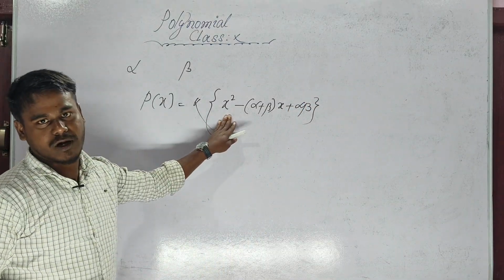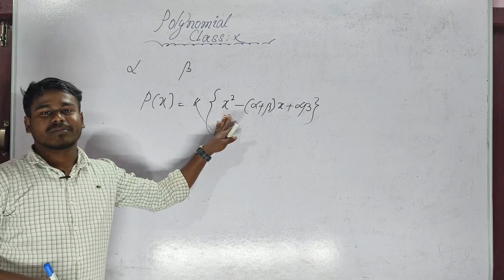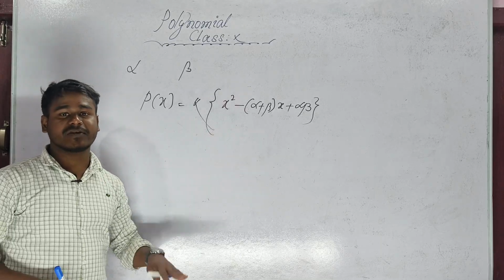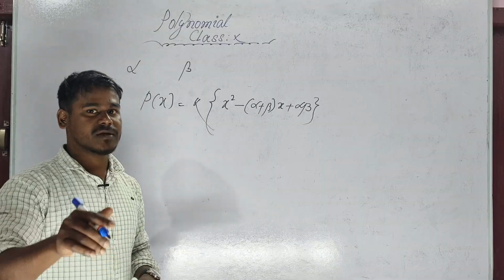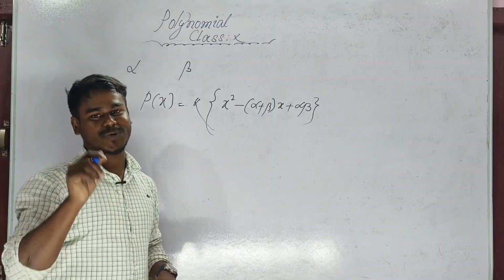This is the new formula, by using which we can easily find out the new quadratic polynomial if we know the zeros.